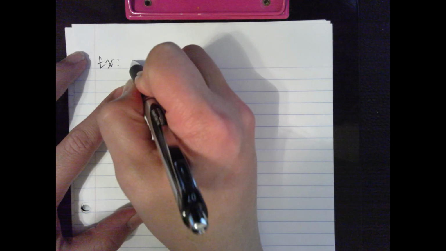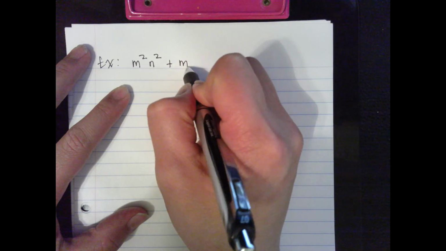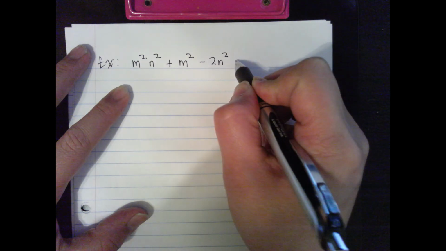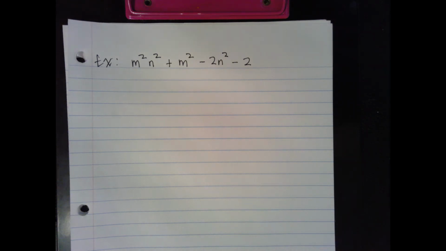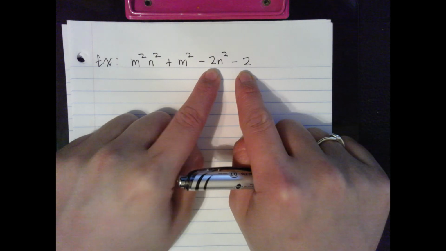I have one final example. Let's say I have m squared n squared plus m squared minus 2n squared minus 2. So it looks like I can go ahead and group my first two terms together and my second two terms together.